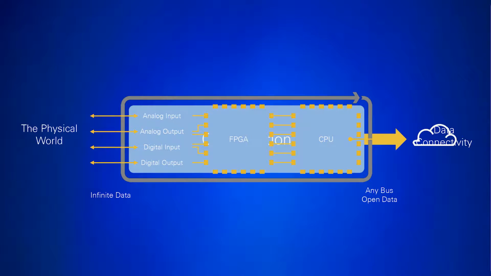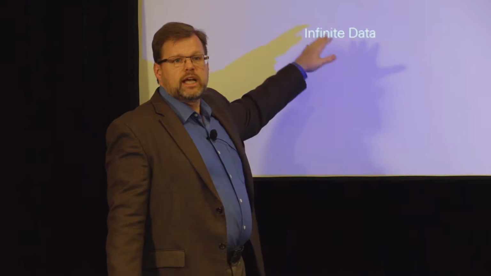Now you could say, well, the problem's easy. All we've got to do is just put a bunch of sensors out there in the real world and then just connect them to the cloud. Problem solved. Okay. Now, we have to remember that in the physical world, the potential data source is infinite. And so we can't just connect sensors to the cloud and push all that data up into the cloud and do prognostics and predictive maintenance and advanced analytics on it using a cloud platform from one of the great cloud platform providers, some sort of cloud service.